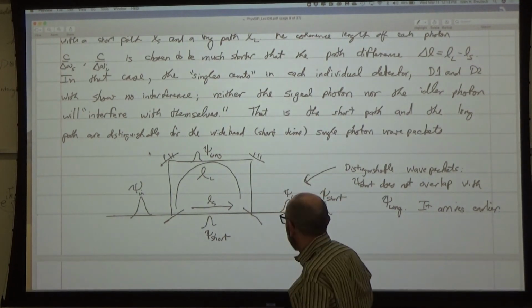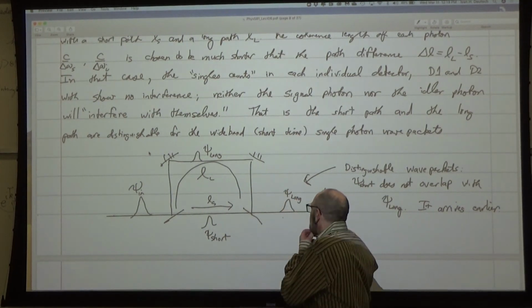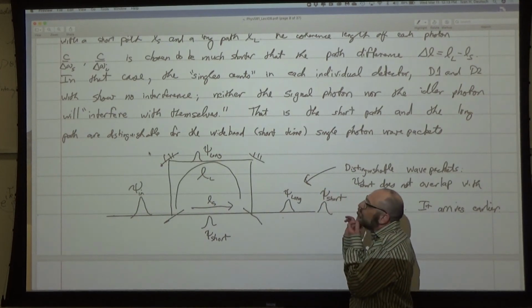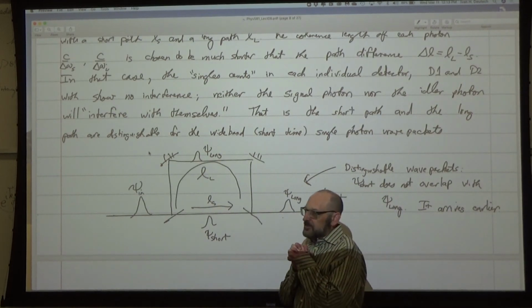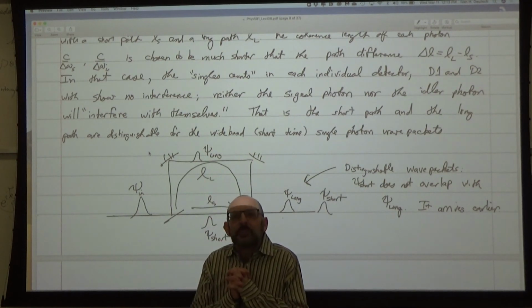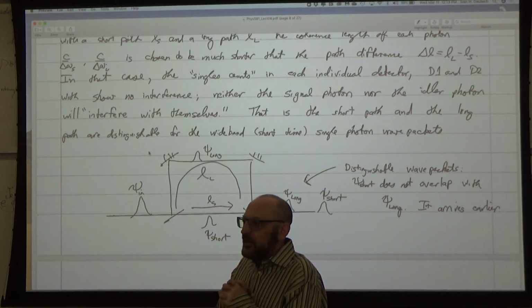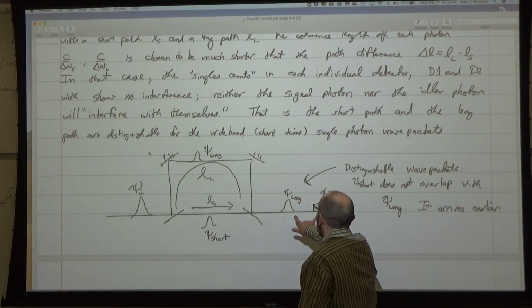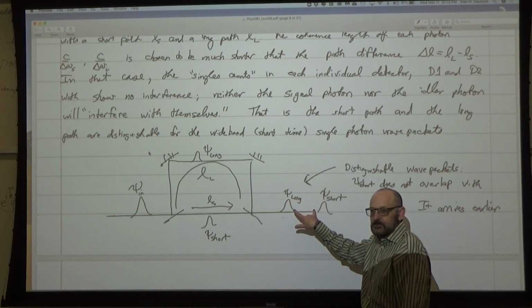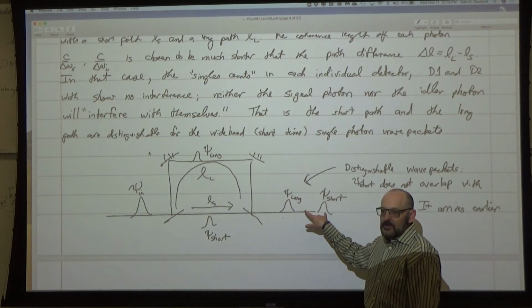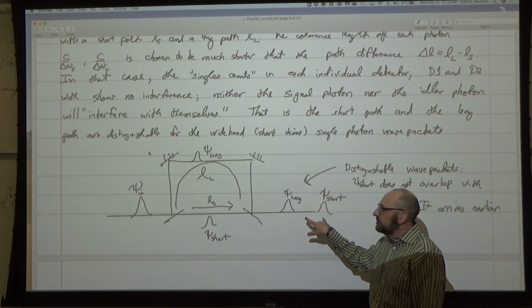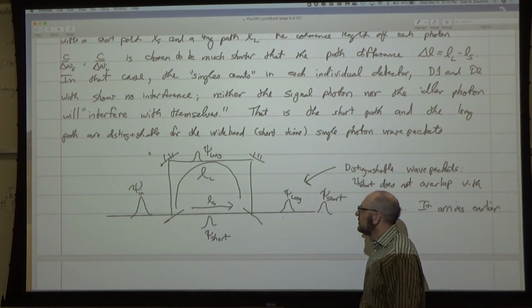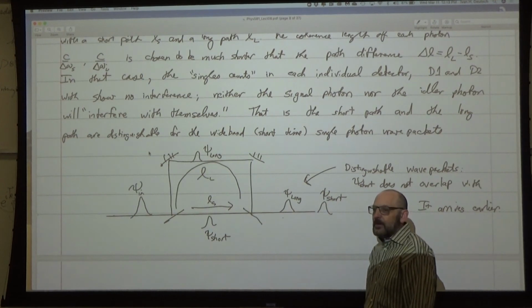Then you have to know when it was incident on the first crystal. That doesn't really matter. The question of interference is whether or not there are two alternatives that are indistinguishable. Because these two alternatives are distinguishable, there is no interference. So even if you had a second photon that was coming at another time. That's right, because it doesn't overlap.